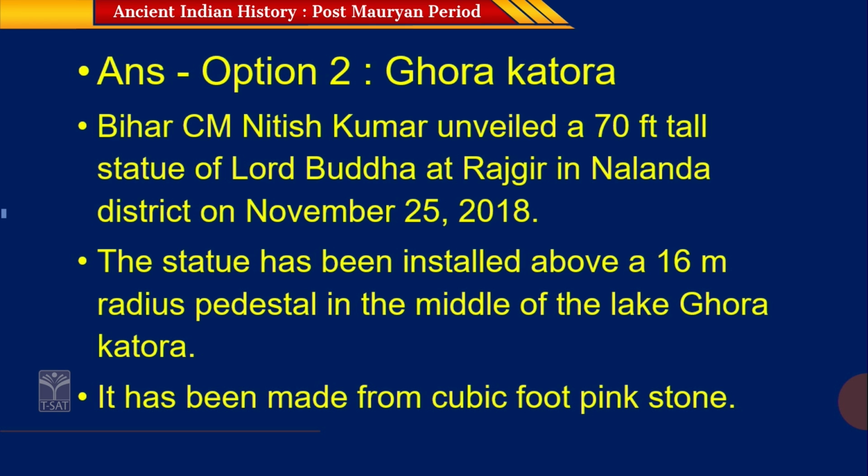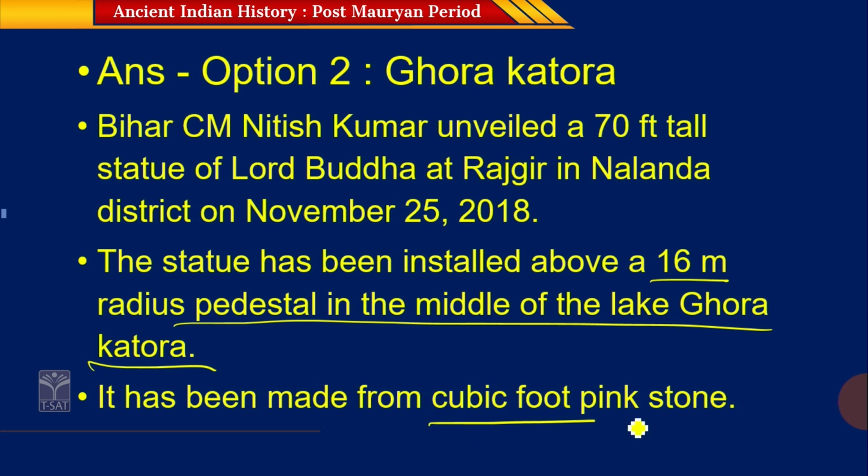Last year, there was news about some repairs needed for this Ghorakatora Buddhist statue. The statue has been installed over a 16-meter radius pedestal in the middle of Lake Ghorakatora, and it has been completely made of cubic foot pink stone. Again, this one also is synonymous with Mahayana Buddhism.